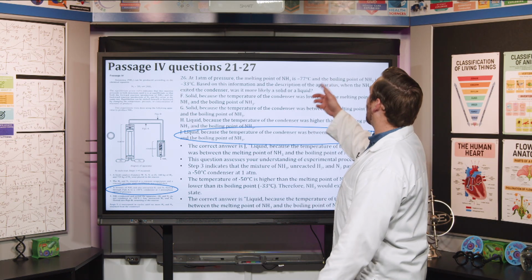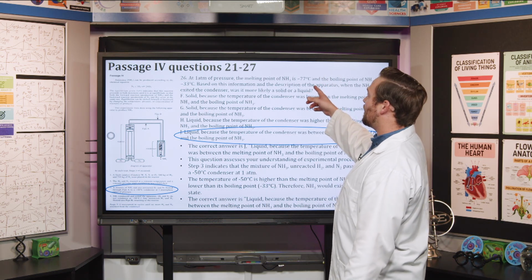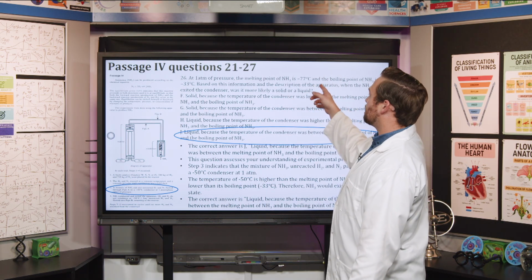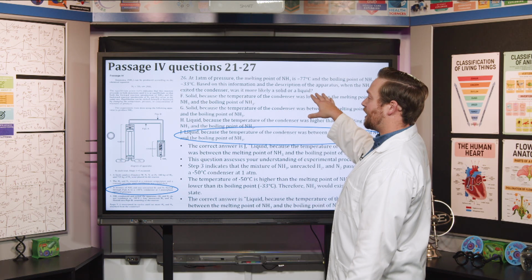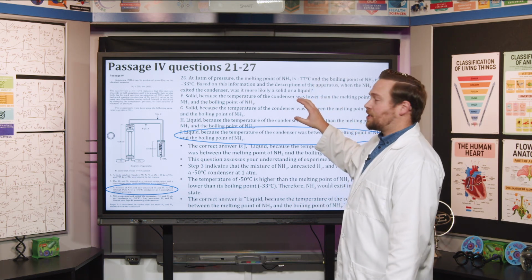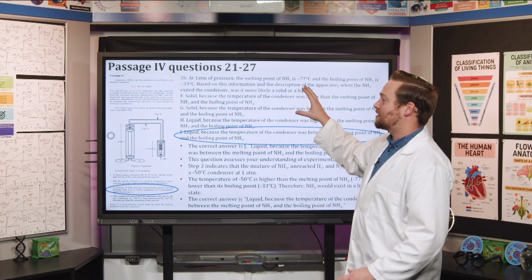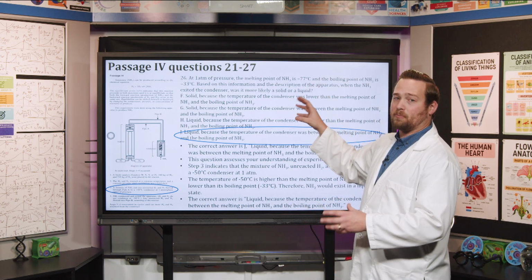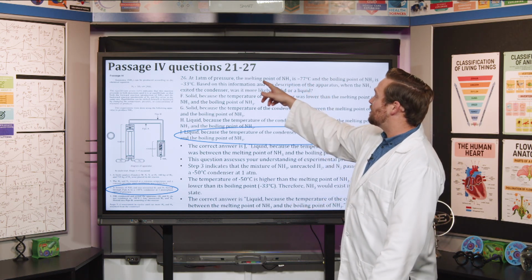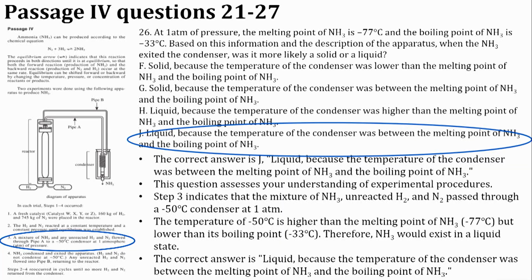First of all, it tells us what the boiling point and the melting point for this NH3 is. That's the type of information they're not expecting you to know, okay? Only a scientist well versed in this experiment would probably know this. So it's giving us the values. It says the melting point is, the boiling point is, and then it's asking us at this very specific part of the experiment, was it more of a liquid or a solid?